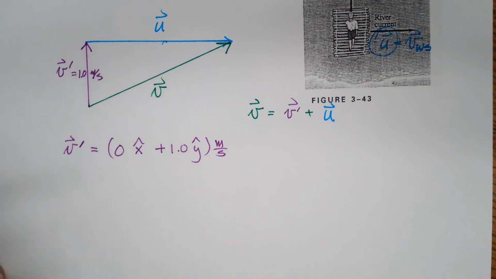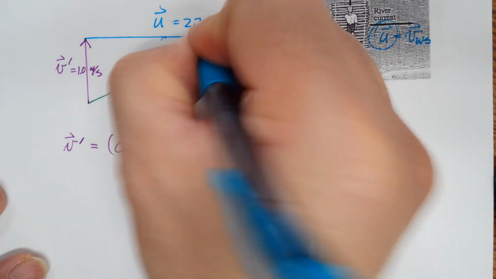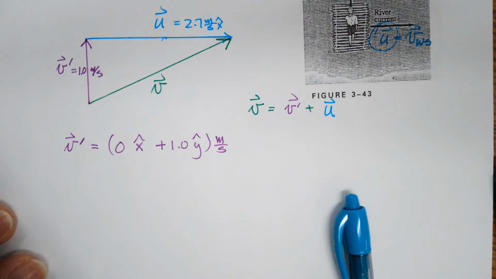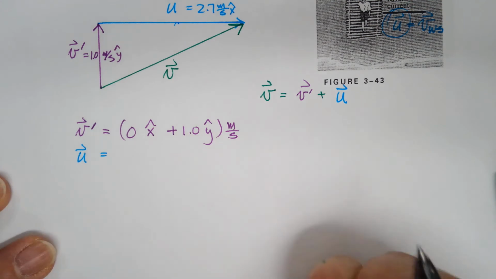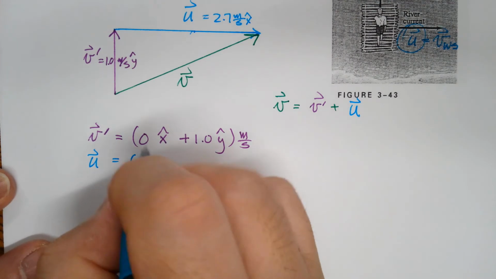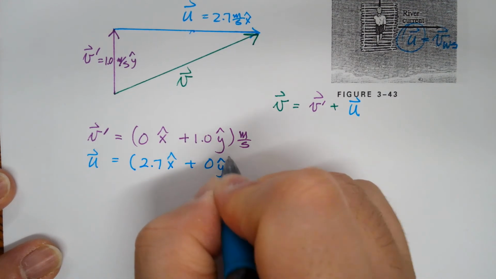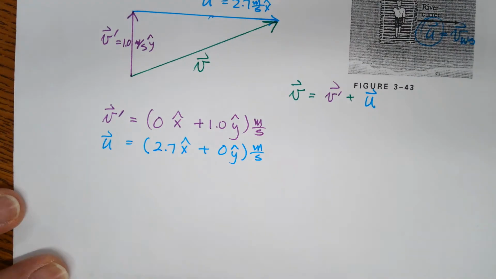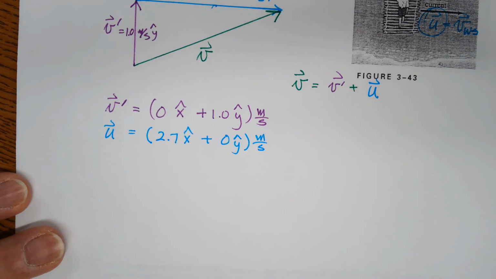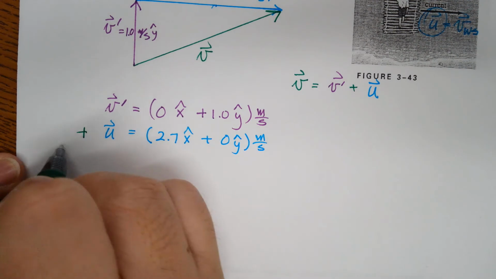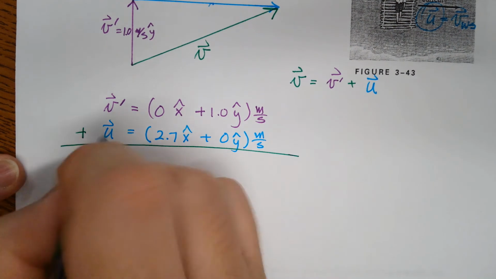And for U, it is 2.7 meters per second, but only in the x direction. So my U is 2.7 x hat plus 0 y hat meters per second. Therefore, if I add these two vectors up, I just basically add the x's and add the y's separately.